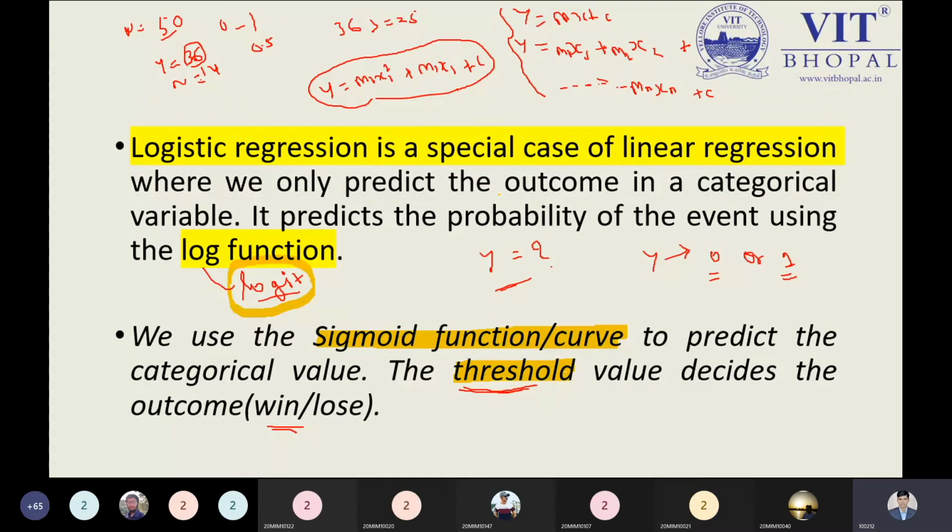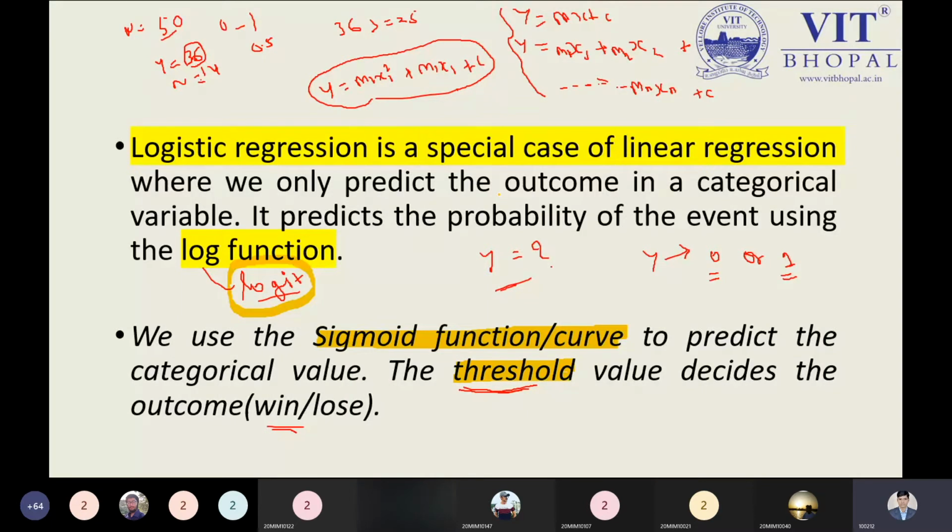So the logit function is used to interpret the value and predict the outcomes as either 0 or 1, true or false, or yes or no. And we use a function known as the logistic function, that is the sigmoid function, by which our regression line will be depicted in an S shape. That is known as the sigmoid curve, or the sigmoid function.